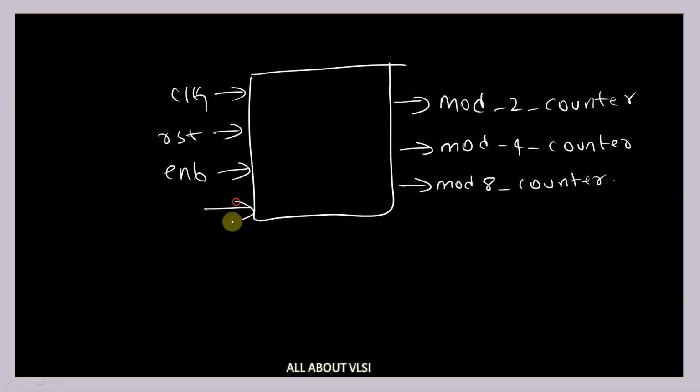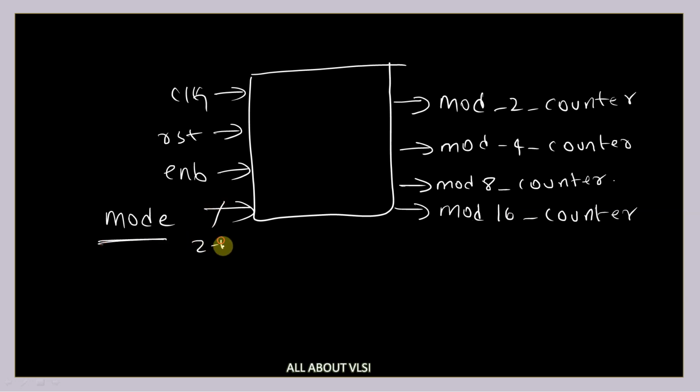This is my requirement, and here I'm going to use a signal known as mode for selecting among all. Let me take one more, mod 16 underscore counter. The mode signal is of 2 bits.